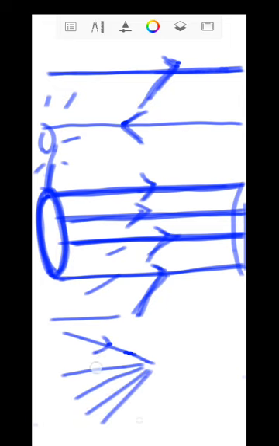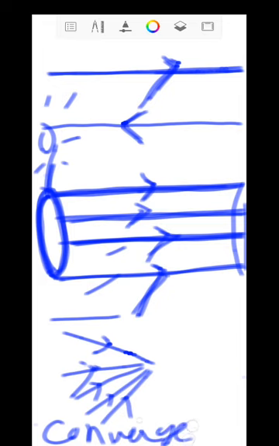From a source, it converges to a particular point. Notice the arrow mark. This is called convergent, convergent rays.